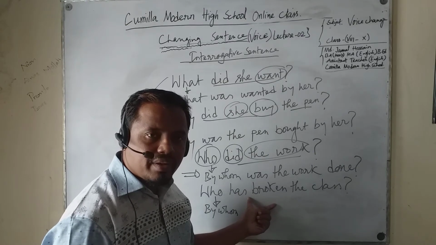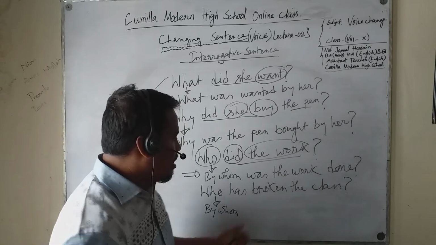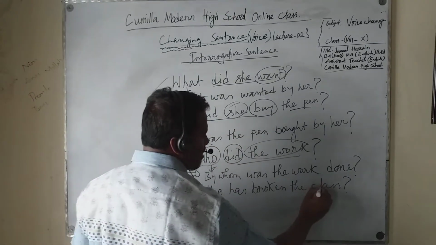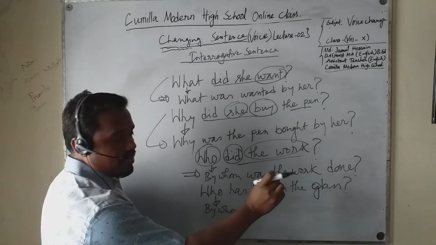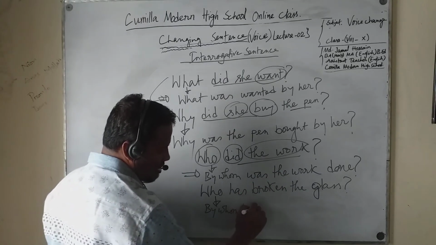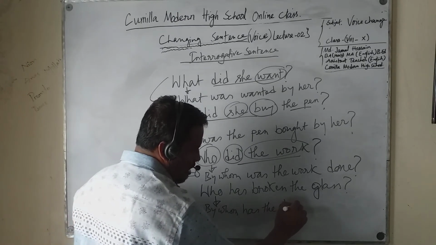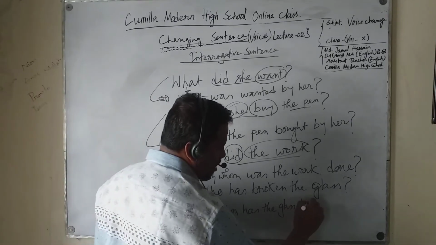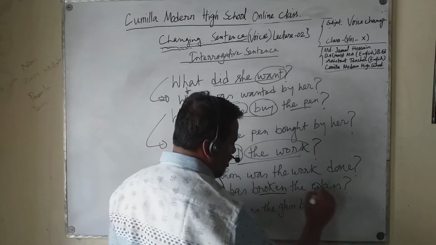In case of present perfect tense, in the passive voice, we have to use have been or has been. The glass here is singular. That's why we have to use has. The glass, then the subject, then you have to use been. By whom has the glass been broken?